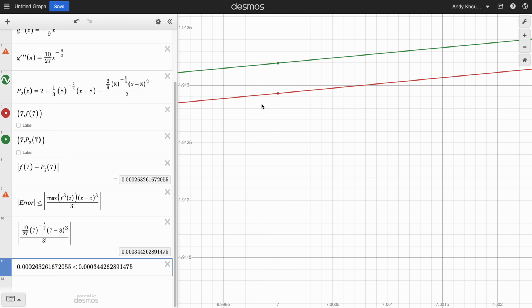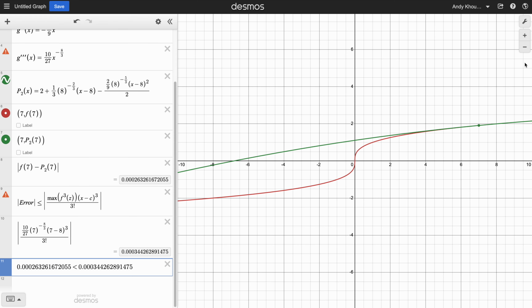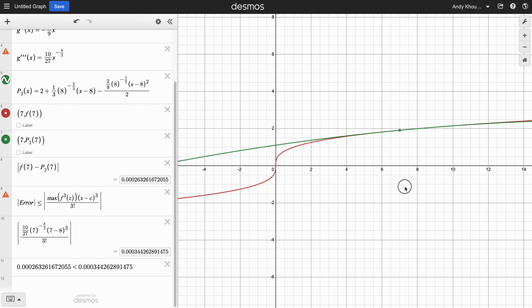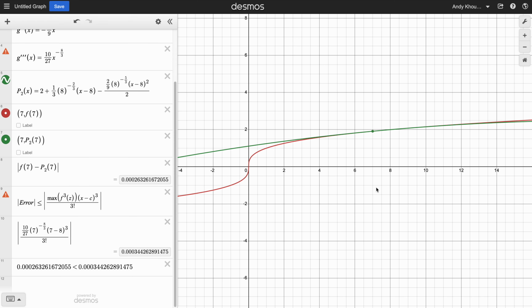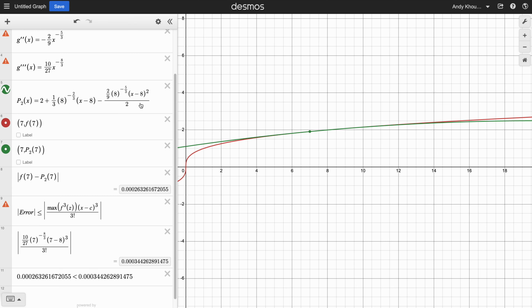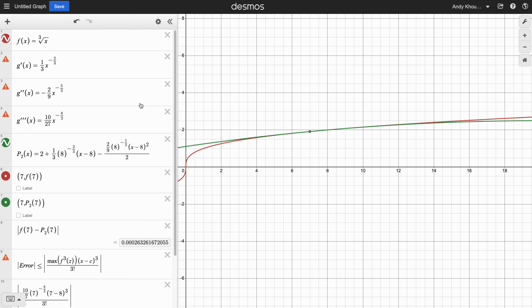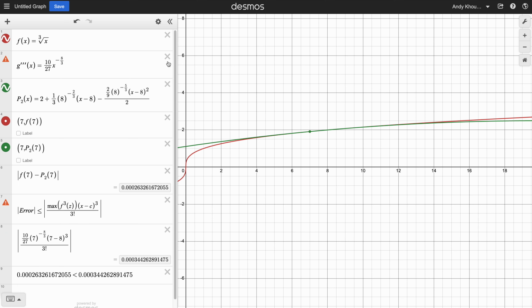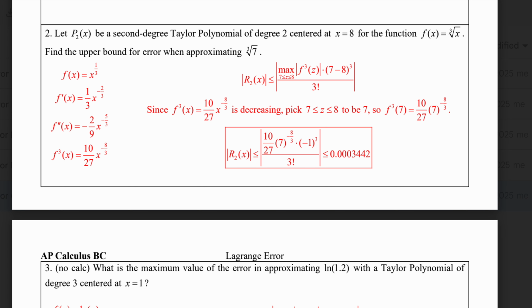But once again, you can see that here and here, they're pretty close to each other. And as the visualization again, here's what my graph looks like whenever it's zoomed out from 0 to 14-ish. All right. So that's basically another visualization of Lagrange in terms of numbers 1 and 2.